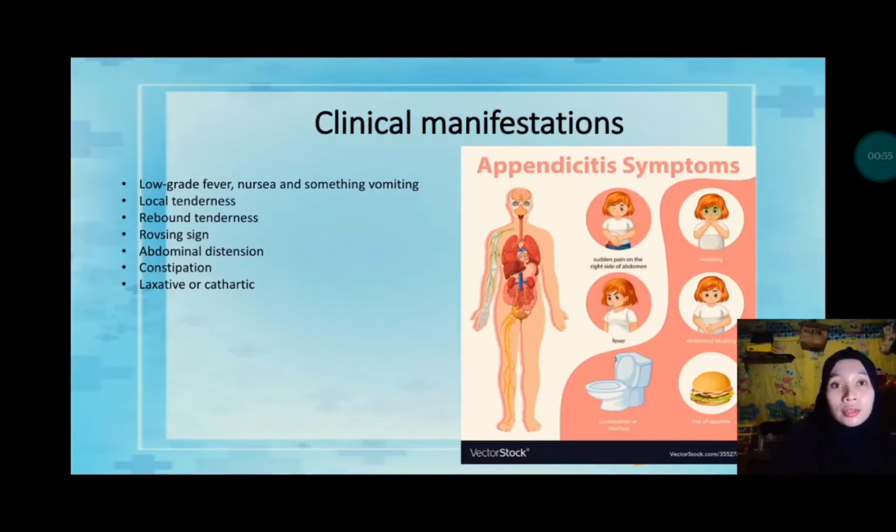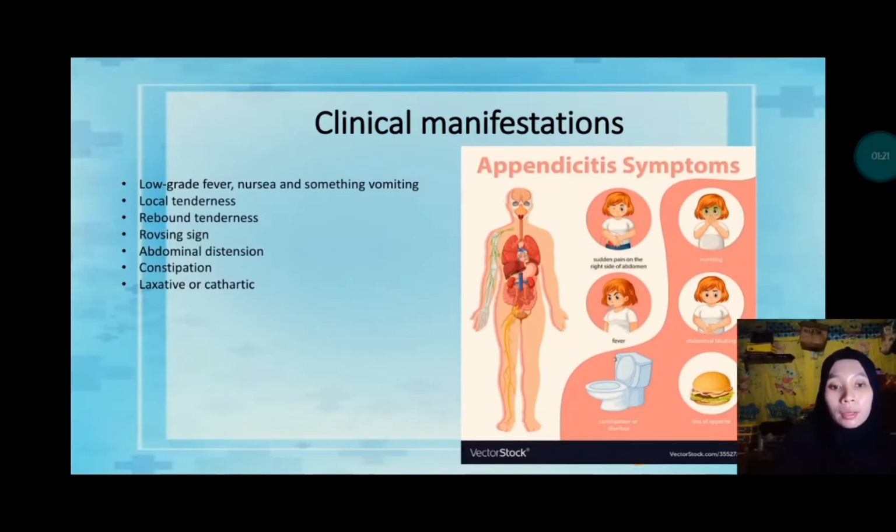Next is rebound tenderness. Rebound tenderness is the production or intensification of pain when pressure is released. The next is Rovsing sign. Rovsing sign may be elicited by palpating the left lower quadrant. This paradoxically causes pain to be felt in the right lower quadrant.